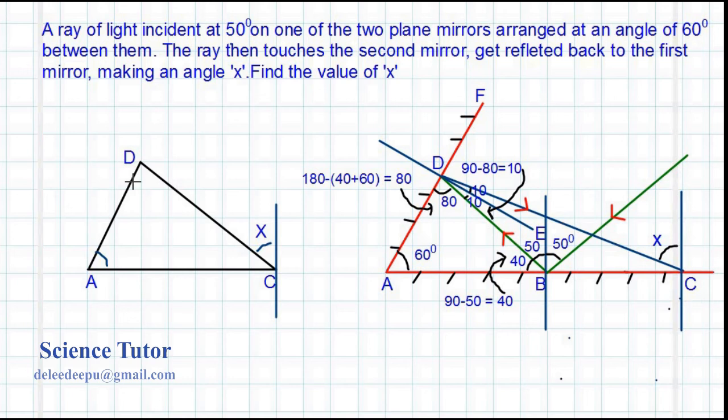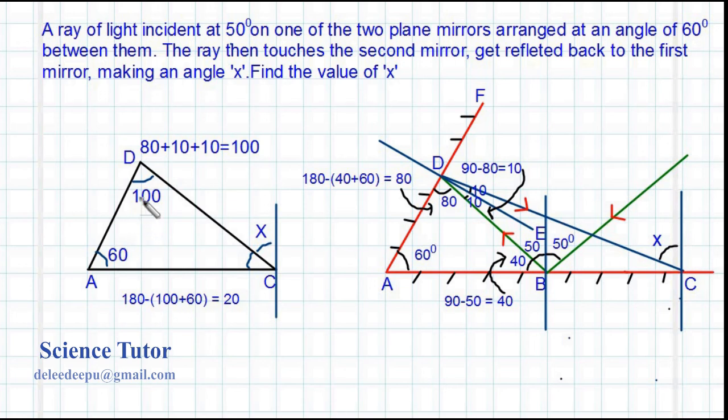Here A is 60. We want to find two more angles, that is angle C and angle D. Angle D is 80 plus 10 plus 10, that is 100 degrees. Clear?